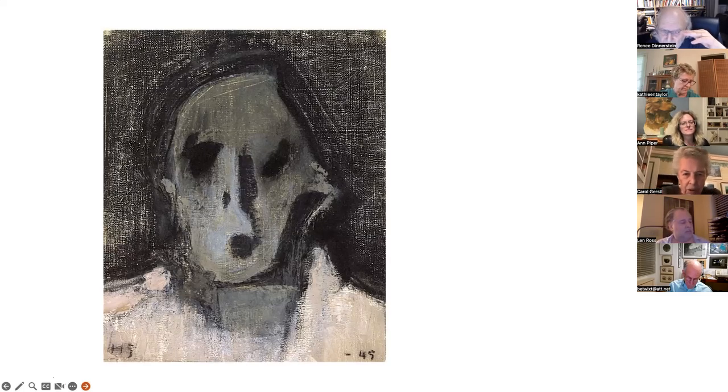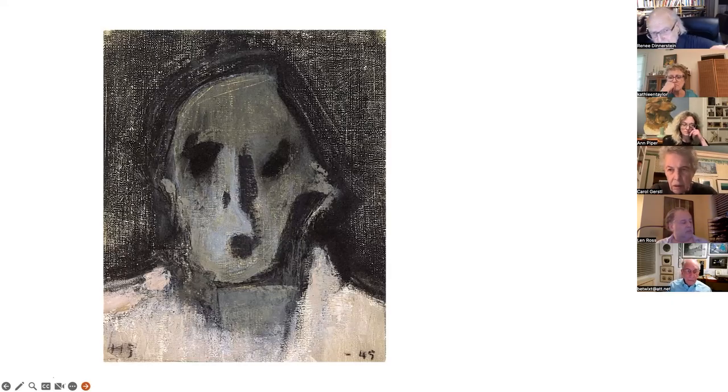If you can do me a favor, and I don't have to go back to the earlier paintings, but take the jump from those early paintings to this. The 49 on the bottom does not relate to a date.